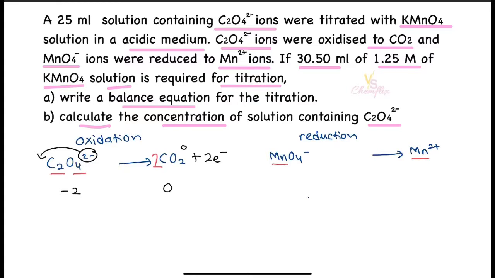Therefore, in order to introduce oxygen into a system, we should use water. Nothing else here, only water. So we have 4 oxygen atoms. Therefore, we require 4 water molecules, since 1 water molecule only supplies 1 oxygen atom.